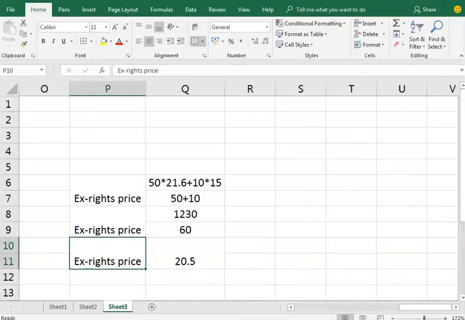Post issue price equals value of firm divided by existing shares plus new shares, which equals 1230 divided by 50 plus x. X is the new shares to be issued.